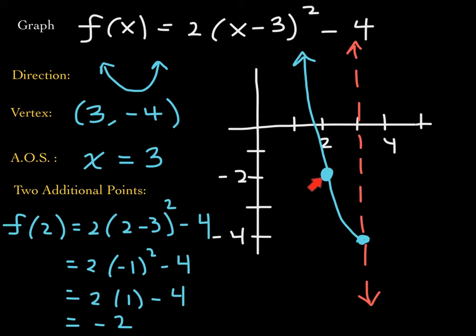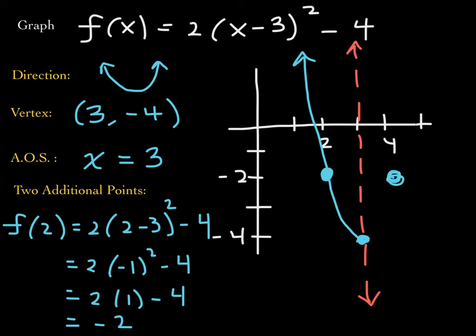If this point is on the graph of my parabola, and it is 1 unit away from the AOS, that means I should get another point that's 1 unit away on the opposite side of the AOS. So what is the mirrored image of this point with respect to the AOS? Well, if this point is 1 unit away, then I should get another point that's 1 unit away on the other side. So if (2, negative 2) is on the graph, then (4, negative 2) is also on the graph.